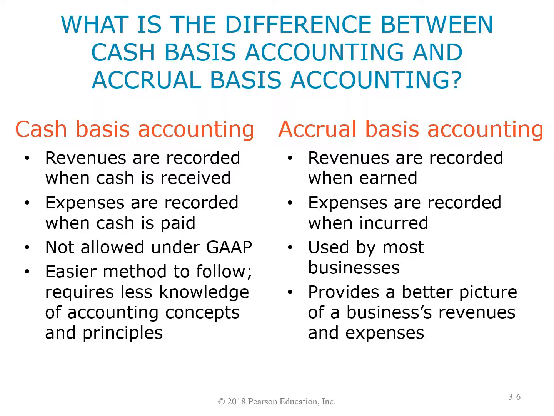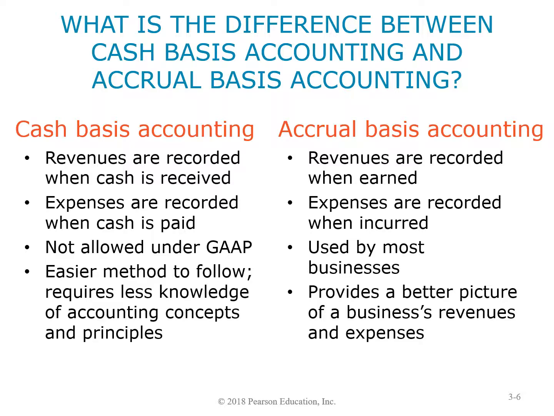Okay, so under GAAP, you can't use cash basis, but not all companies are subject to GAAP. Not everybody uses generally accepted accounting principles, so it's fine for companies to use cash basis if they are not subject to GAAP. Accrual basis is used by most businesses, mainly larger businesses, and definitely those businesses that are publicly traded.